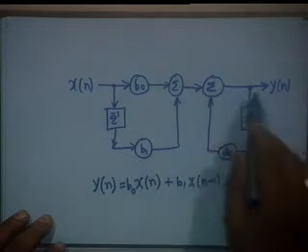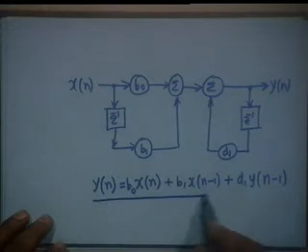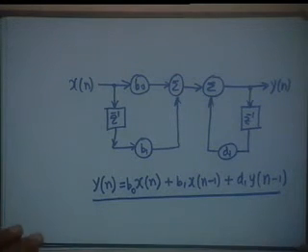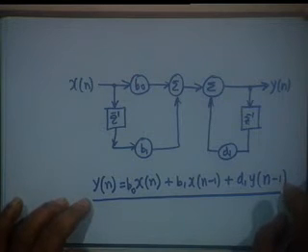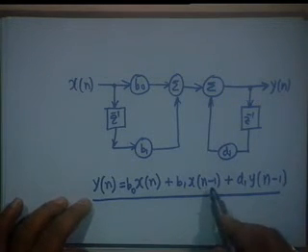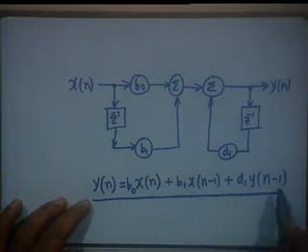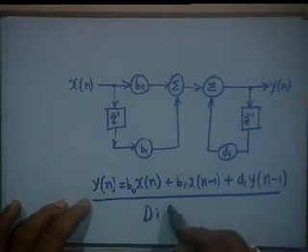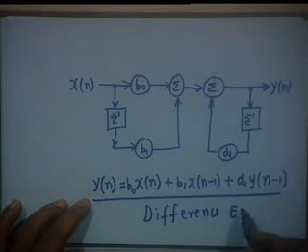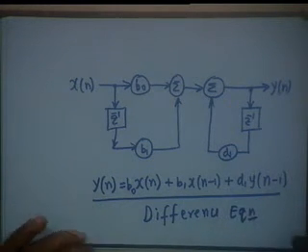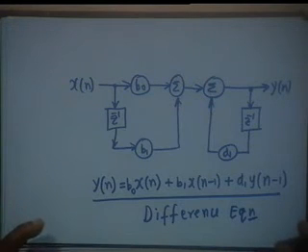So, this is the symbolic diagram for this digital system. In this digital system, the equation that describes it is a difference equation. You have x of n minus 1, you have y of n minus 1. This is called a difference equation, the exact counterpart of differential equation in analog signal processing.